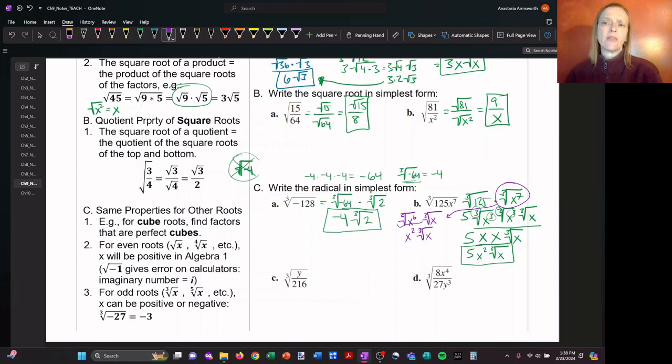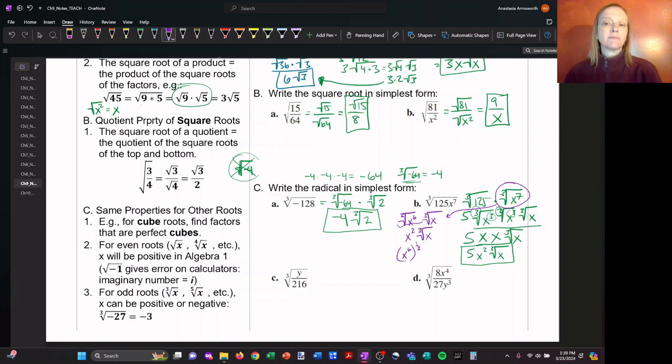The reason this works is because a root is really just a fractional exponent. When I take the cubed root of something, this is x to the 6th raised to the 1/3 power. When I take the cubed root, that's really the same thing as raising it to the 1/3 power. Now, our textbook does not give instruction as to roots meaning the same thing as fractional exponents.